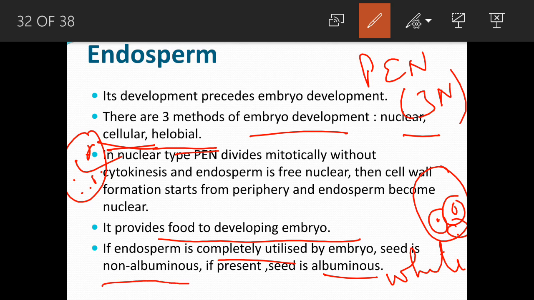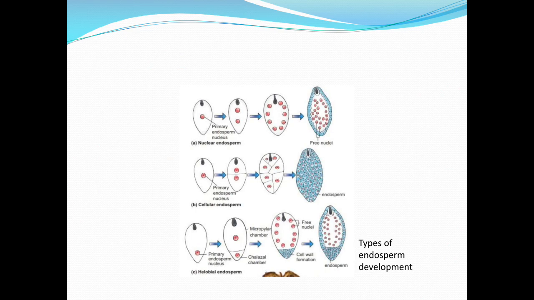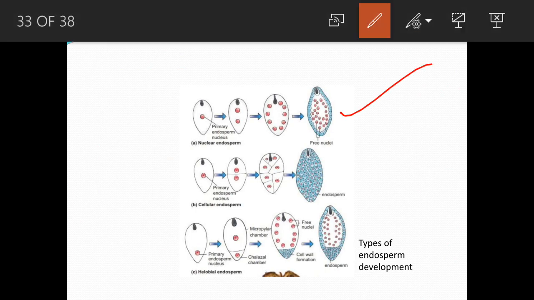In non-albuminous seeds like pea and gram, the food is stored in the cotyledons. These are the diagrams of the nuclear endosperm development. This is the cellular and this is the helobial.